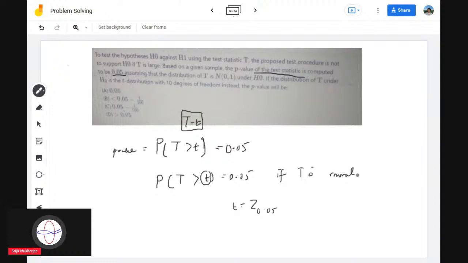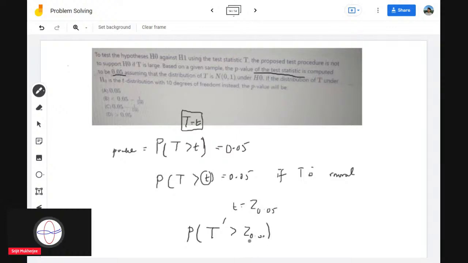That is what they are telling. And they are asking what is the probability that, with the t distribution, the new t dash is greater than z 0.005.